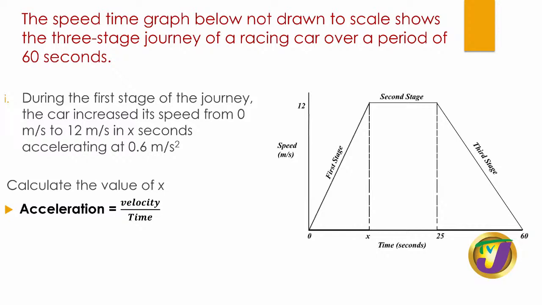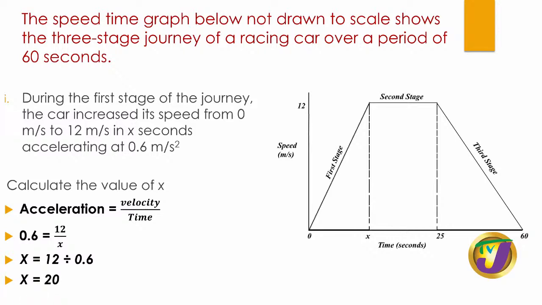Based on the graph, we are seeing the acceleration given in the statement, and we know that acceleration means that we are moving in a particular direction, and we are going to need the velocity in order to find the time. Substituting acceleration, 0.6, as stated in the question, and velocity, 12 meters per second, we can transpose to make X the subject.